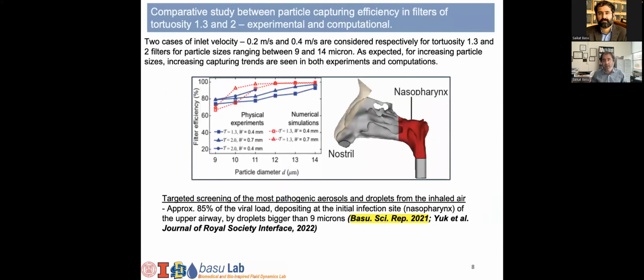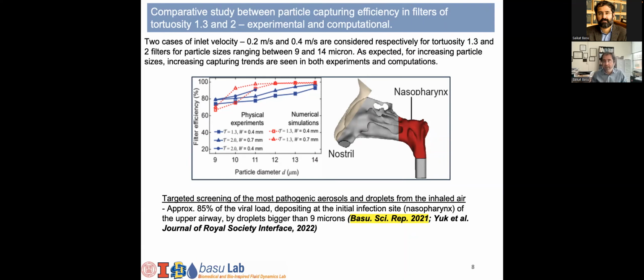Now, of course, N95s will still be more efficient in screening submicron particles if we think of a face mask. However, from our research published in 2021, which has since been validated through studies by other independent groups, we have seen that infectious dose for at least COVID-19 is primarily carried by droplets and aerosols that are sized between 2 and 20 microns.